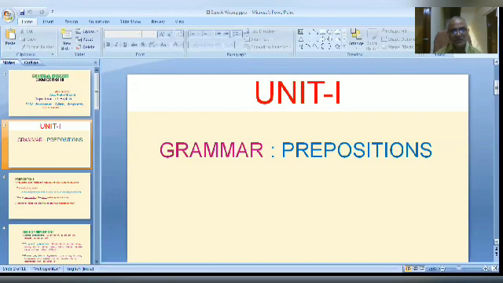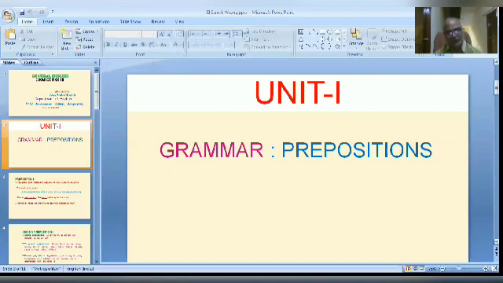You know that parts of speech talks about the groups of vocabulary words in English language. Parts of speech divides all the words in English language into 8 groups. Among them, prepositions is also one group. But here, preposition has been introduced in the syllabus as a special group, because they are very much important.